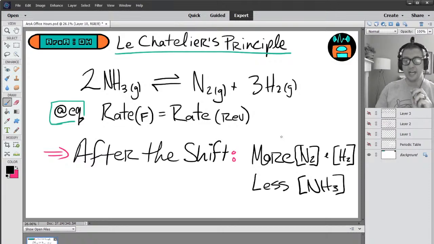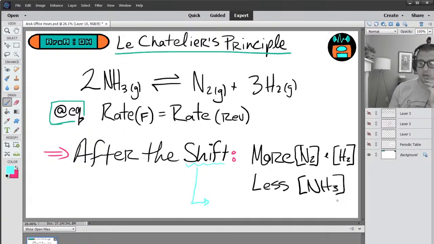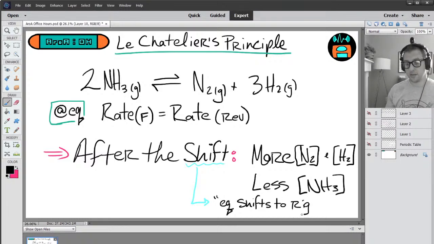All right, and this is an illustration of Le Chatelier's principle. We say that this shift is a shift of equilibrium to the right towards products.